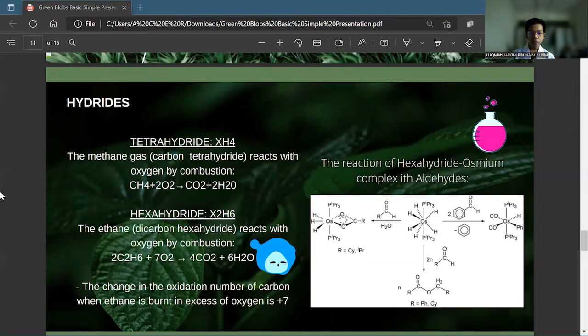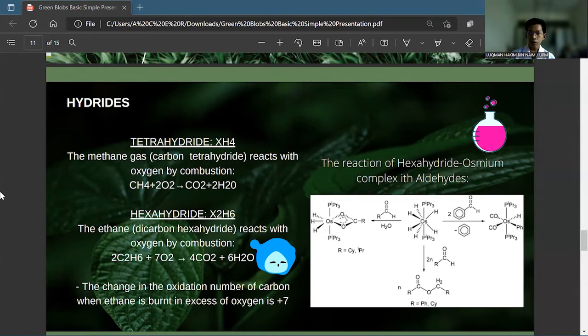Ethane, dicarbon hexahydride, reacts with oxygen by combustion as well. The reaction is 2C2H6 plus 7O2 becomes 4CO2 plus 6H2O. The change in the oxidation number of carbon when ethane is burned in excess oxygen is plus 7.